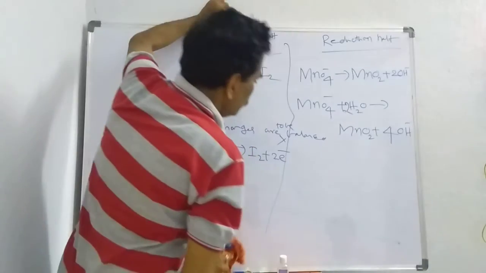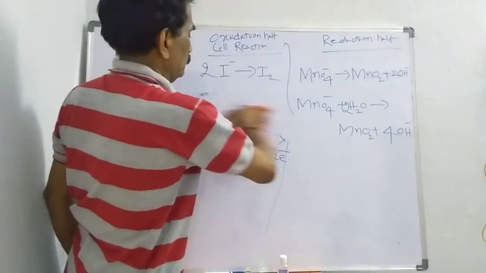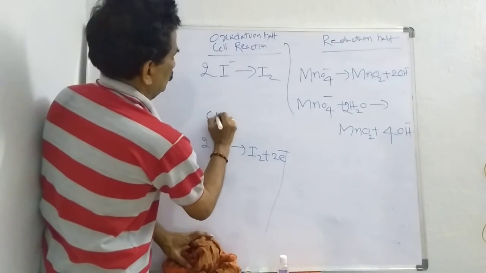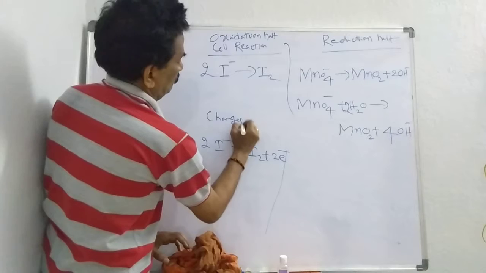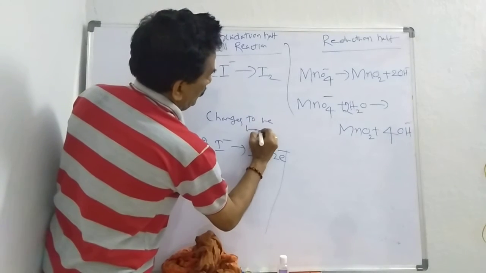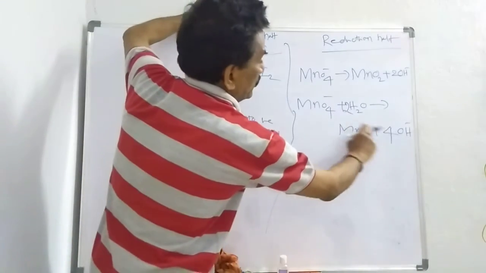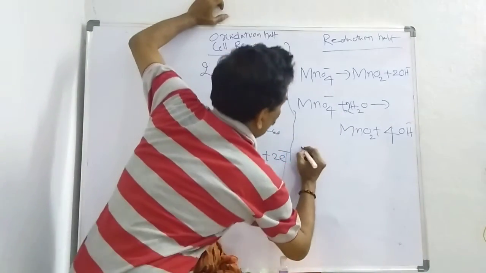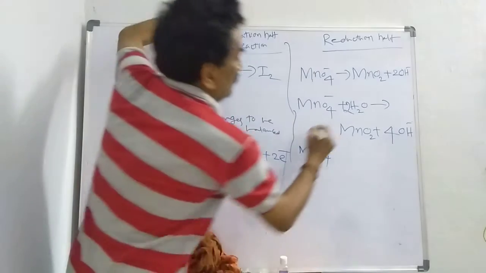Charges to be balanced. So, here minus, here 4 minus. So, I have to complete this equation to balance the charges.